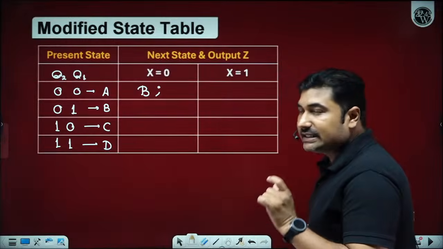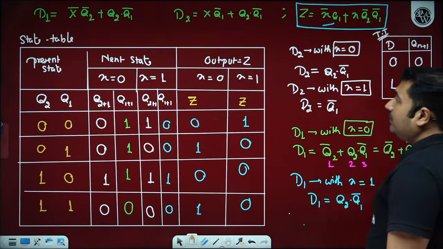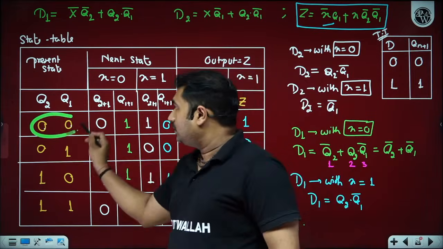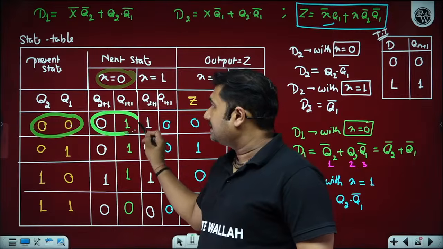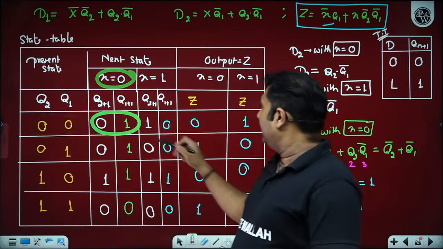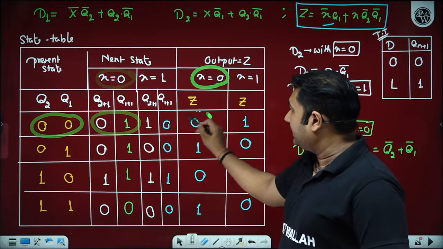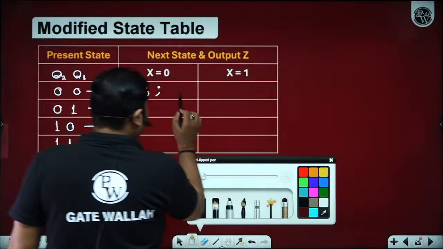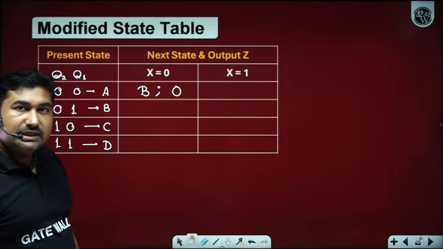For a present state 0, 0, with x is equals to 0, next state 0, 1, that is the state B, and output we are getting 0. So I am representing here output 0. Is it okay? Yes, sir.